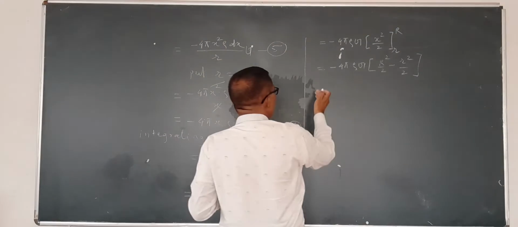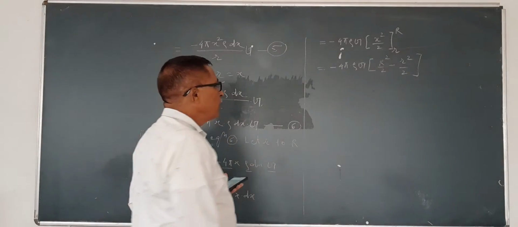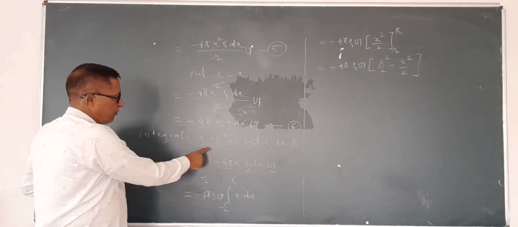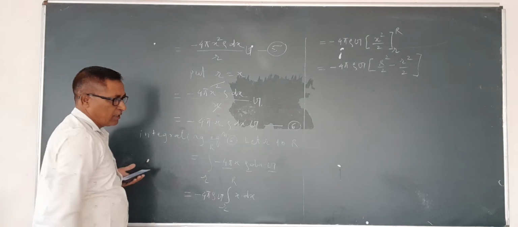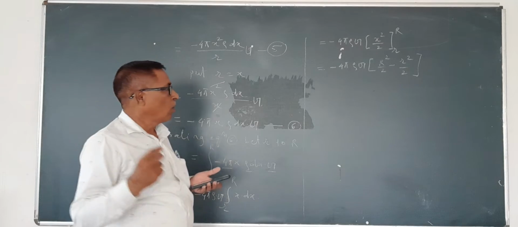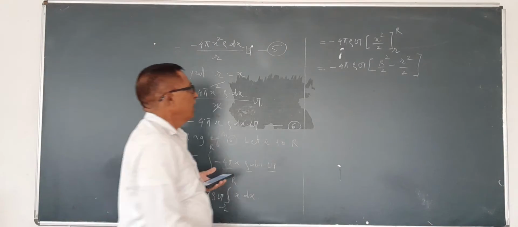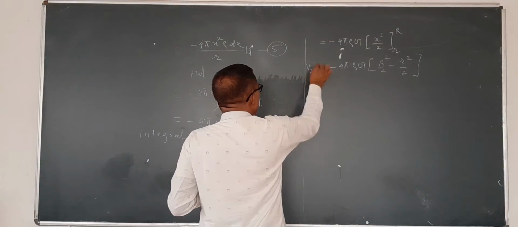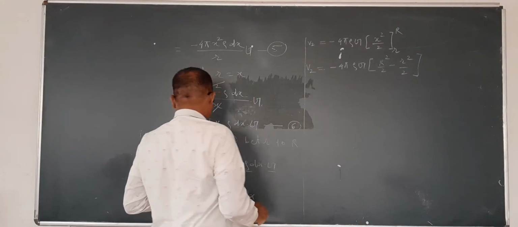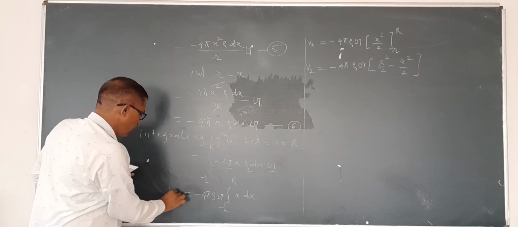Therefore, this is the potential due to all these cells. By integrating this equation, we are getting the potential due to all these cells, and that we denote as V2.